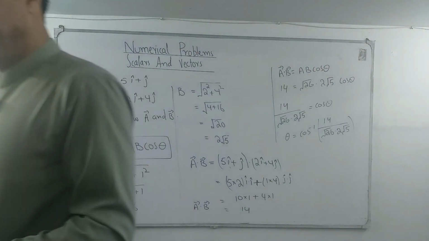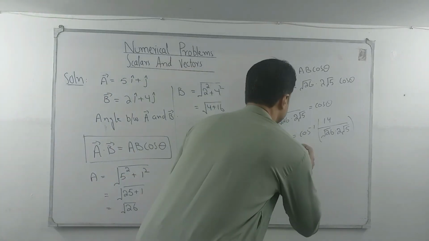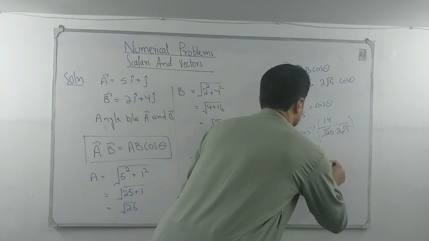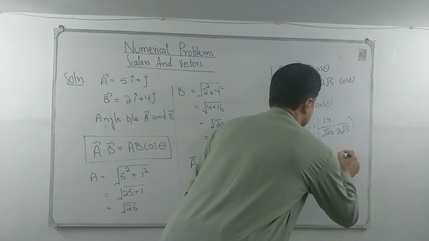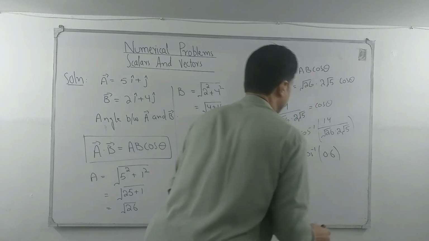We are getting some math error. Okay, theta is equal to cos inverse 0.6.